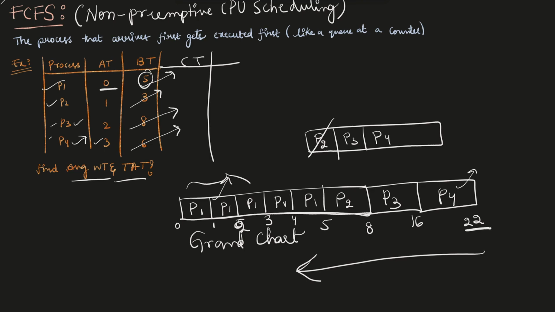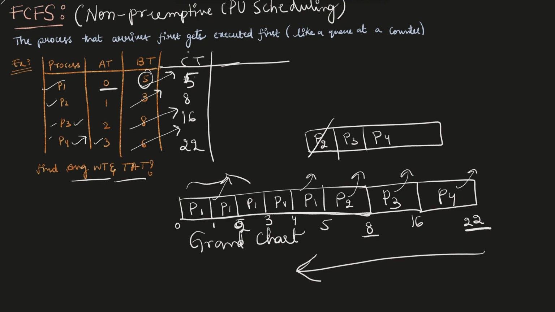At 22. So that is its completion time. Process P3 has completed at 16, process P2 has completed at 8, and process P1 has completed at 5. So this is completion time.